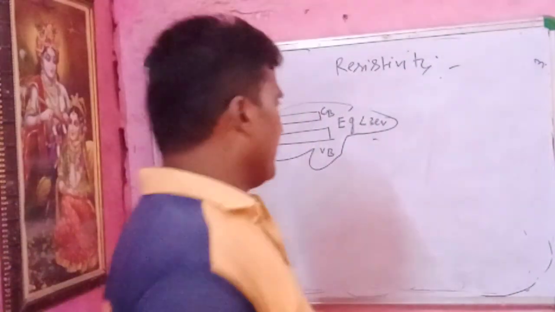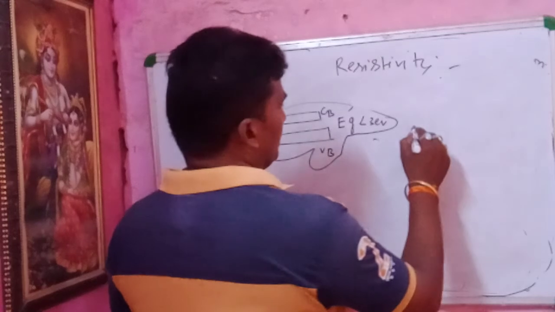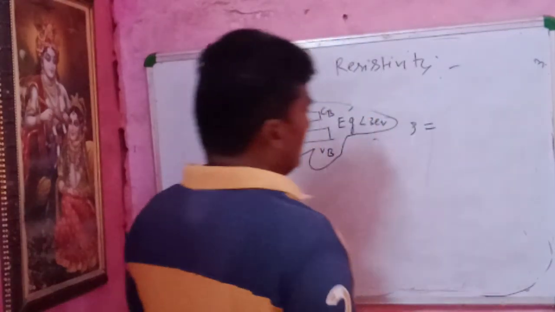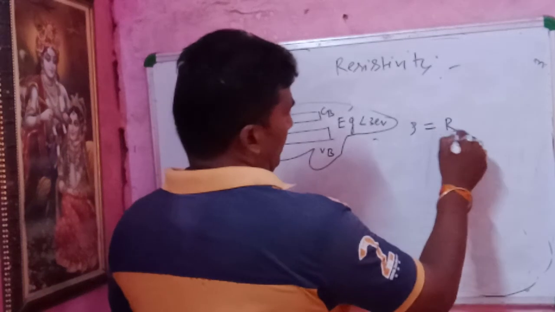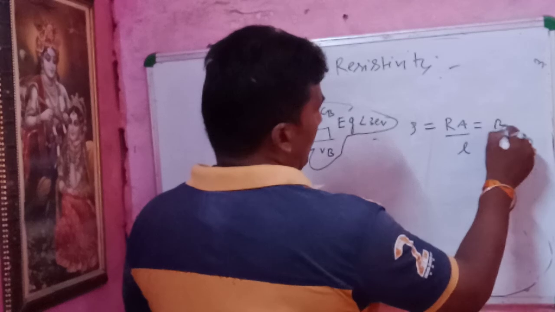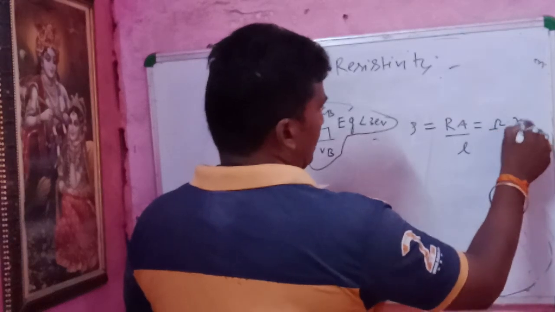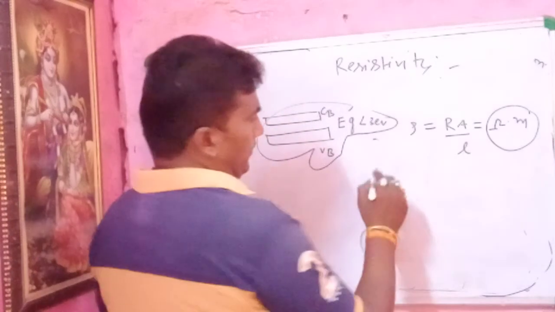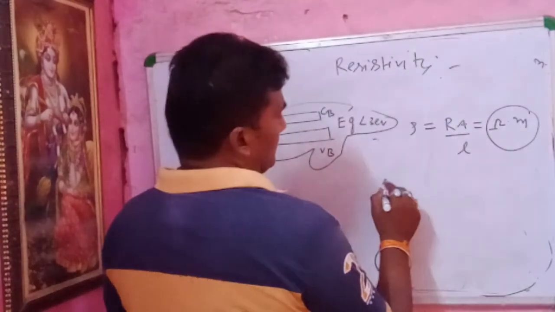But now we identify the SI unit of resistivity: rho is equal to RA by L, so the unit is ohm meter. And we identify the derived unit.